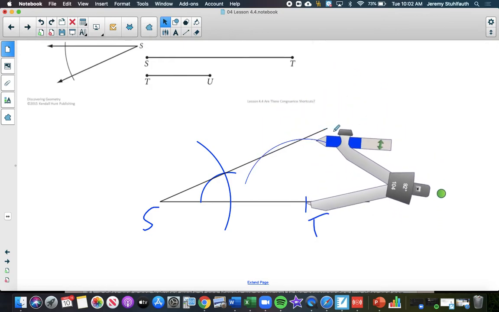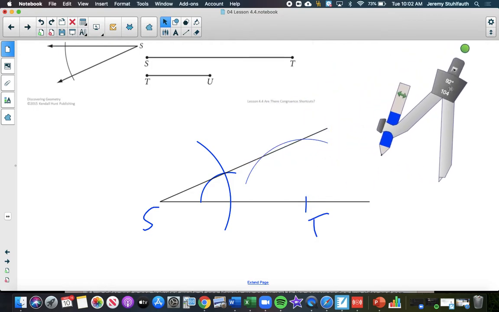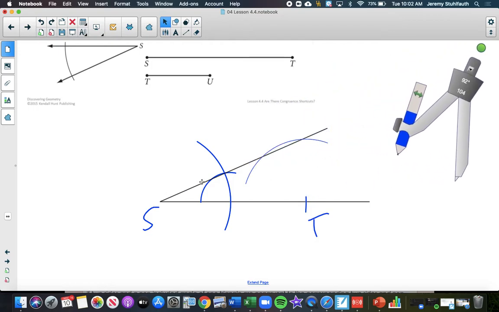And what I want you to notice is this arc intersects that ray we made to create that angle 2 times. So what that tells us is that you could put TU here, or you could put TU here. And so what you see is you actually have 2 triangles.